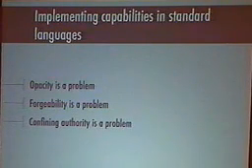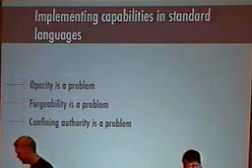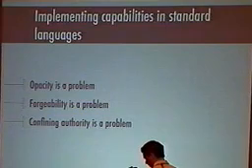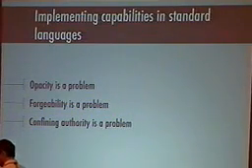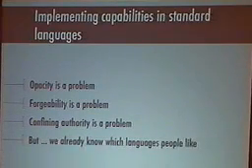Confining authority is a problem because most standard programming languages have standard libraries that just let you open files, open sockets, generally do what you want. But the advantage of standard languages is that we already know which standard languages people like. So, let's look at a few.